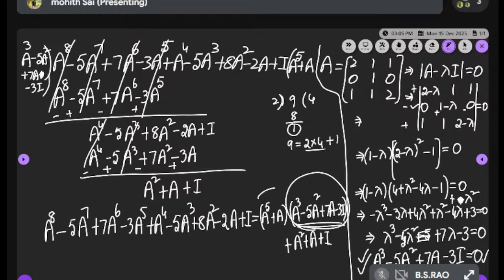So this part will become 0. So this is equal to A square plus A plus I. This kind of thing will be given among the options. Because it is of order 3 by 3, that matrix polynomial can be expressed just by using the powers of A up to 2, A square. Just note it.